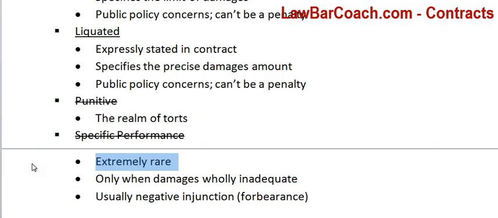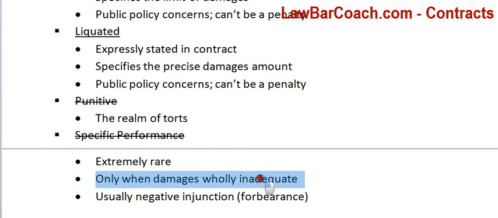There are a lot of issues with that. So courts will only do that if absolutely necessary. Because if you don't give me guitar lessons, they'll say, just hire someone else. Why are we going to force somebody to show up and give you guitar lessons? Hire someone else. The only time they'll do that is when damages are inadequate.